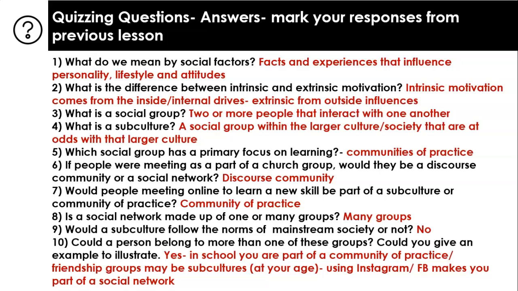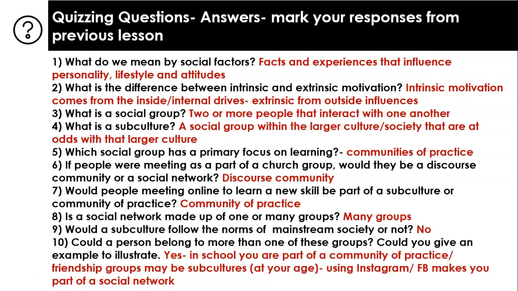So what do we mean by social factors? Social factors are the facts and experiences that influence your personality, lifestyle, and attitudes. Now, there was that diagram suggesting that social factors include religion, beliefs, attitudes, education, and demographics.